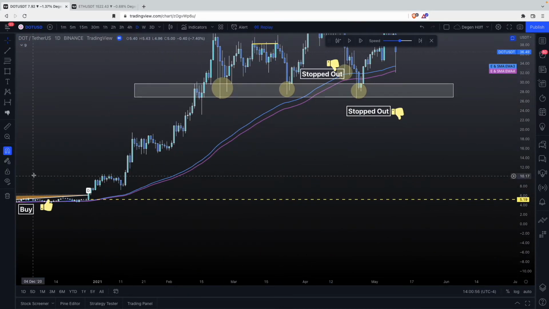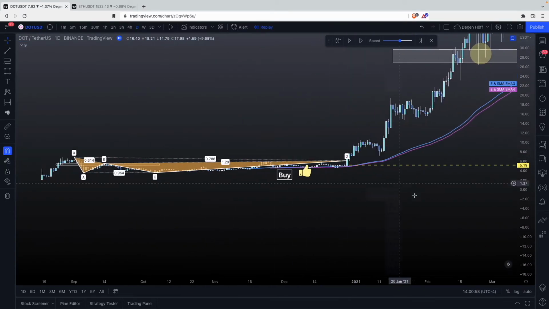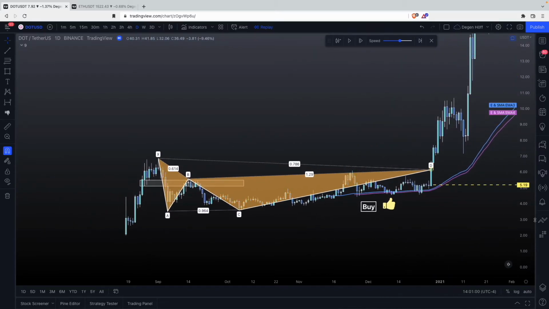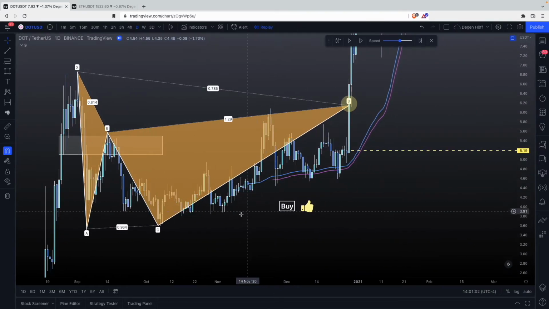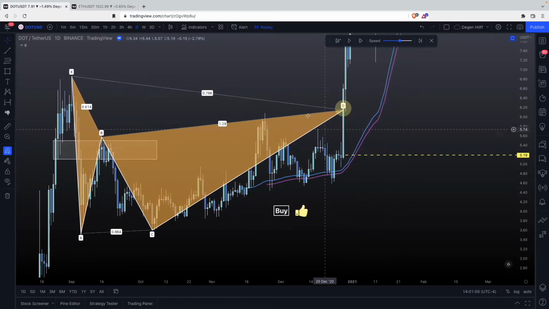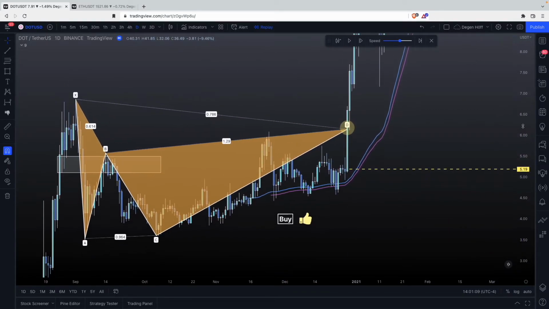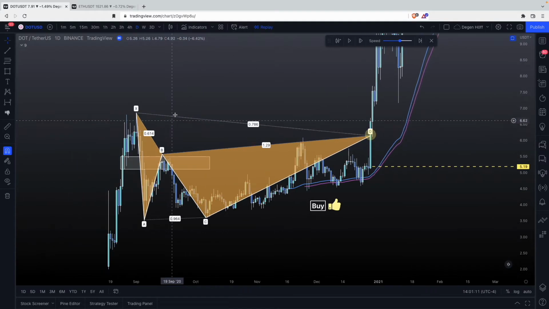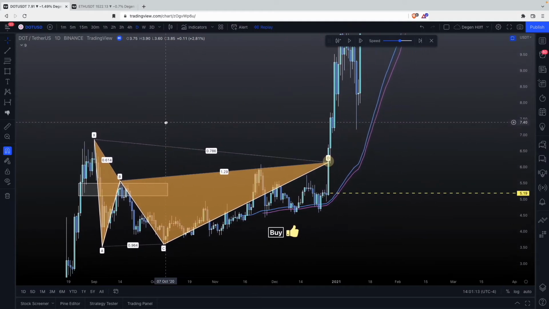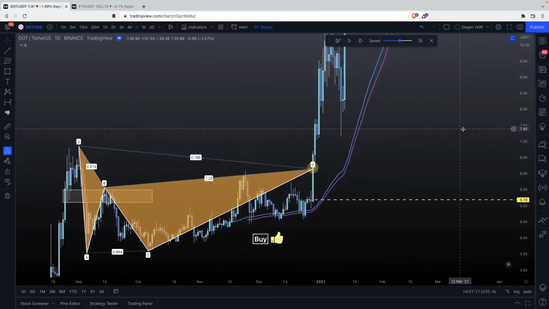When you start stamping on the chart where you would have bought and where you would have sold, once you've gone through the full chart, you should have a win rate showing you how good your strategy was for that particular coin. So you'll know if you're at a 25% win rate, and you'll know what your final number was.